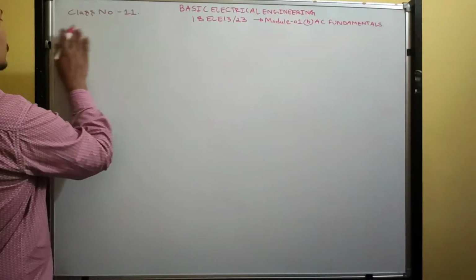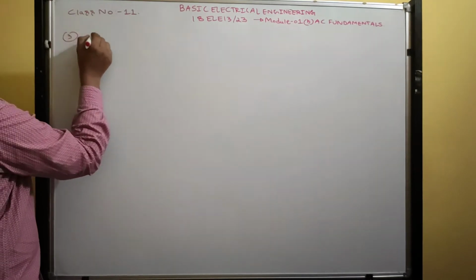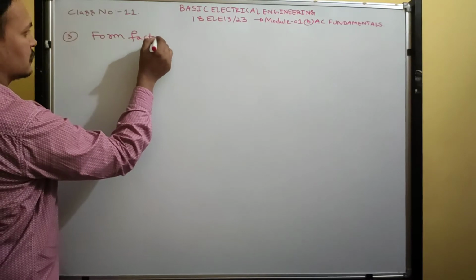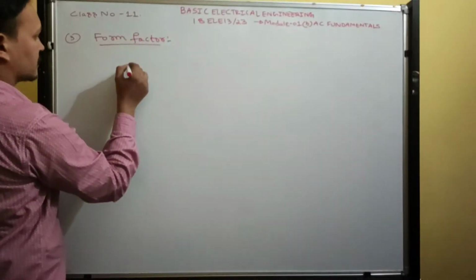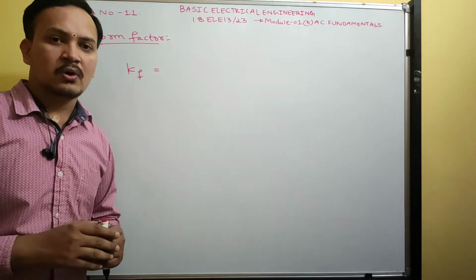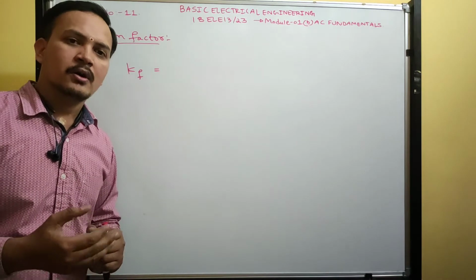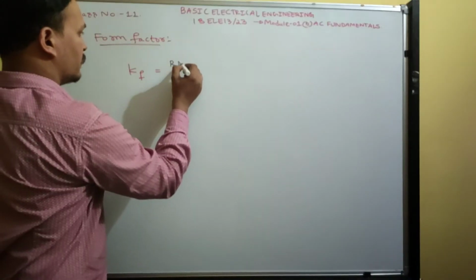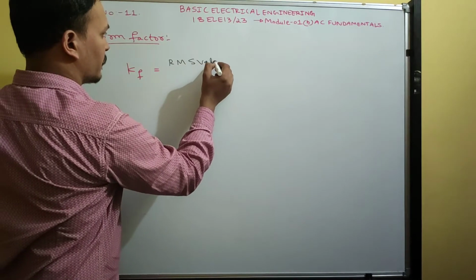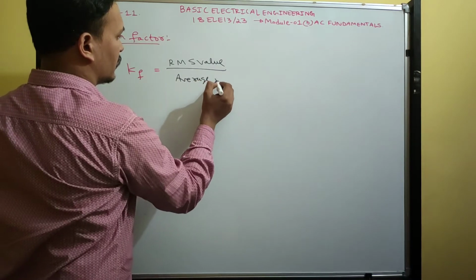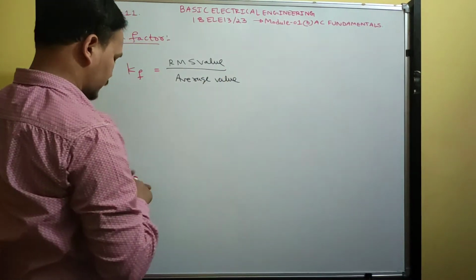Form factor is represented by the letter KF. It is defined as the ratio of RMS value to the average value.